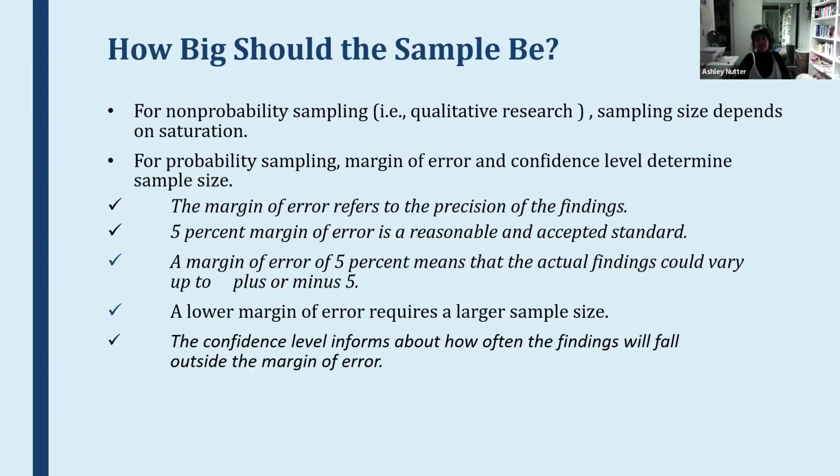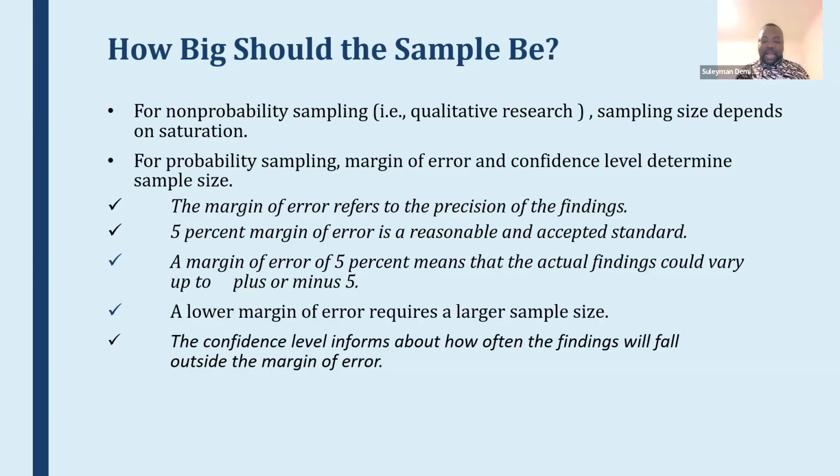Sorry, I might have missed it, but how are we calculating the margin of error to begin with? Are we just making up a number for our own objective? You determine which margin of error you want to use in your research. The ideal one is 1%. So you can decide, I will use 1% margin of error in my research.